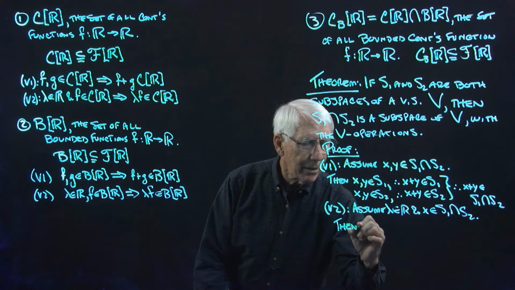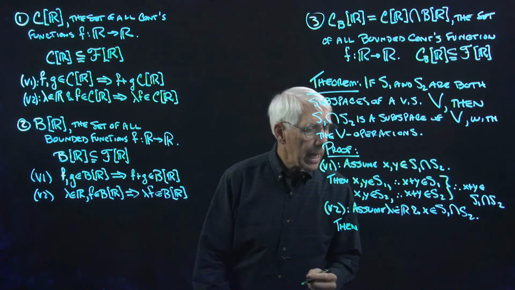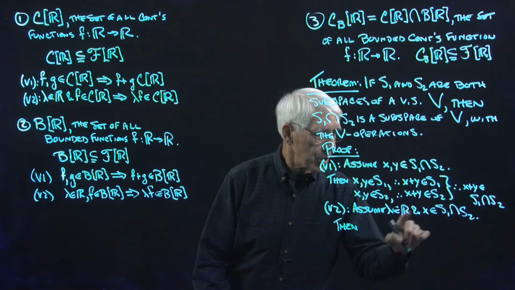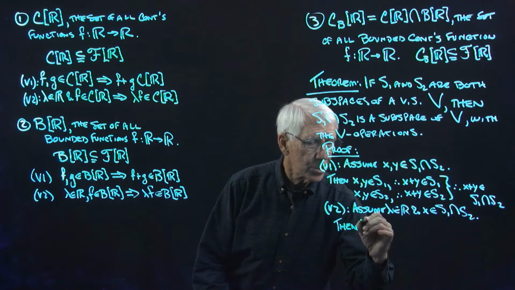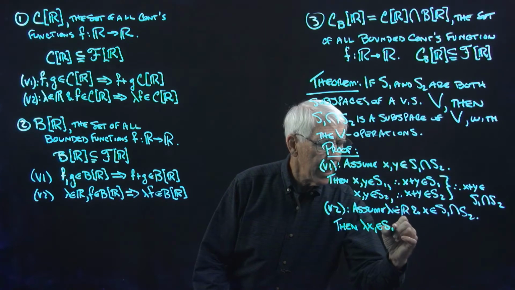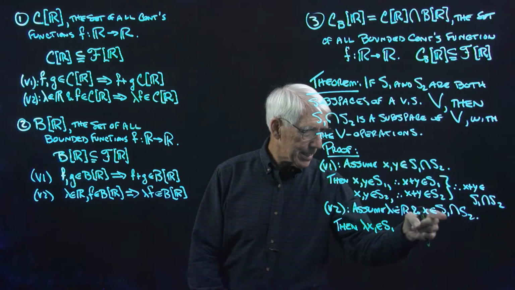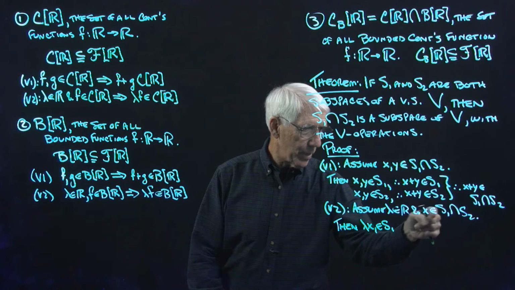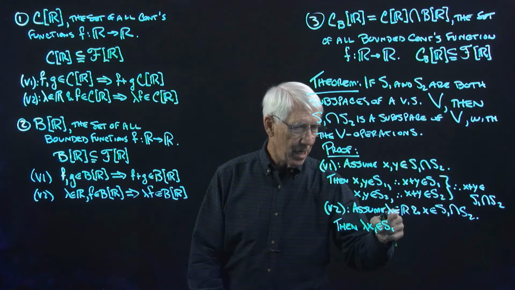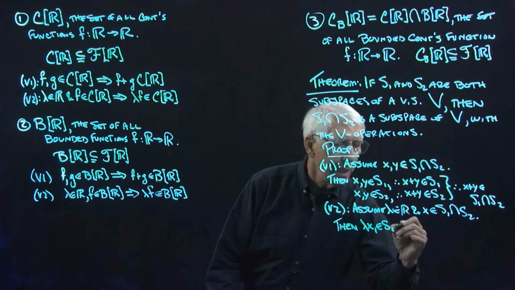Then we have, if lambda is in R and x is in S1 intersect S2, then lambda x is in S1, because x is in S1 intersect S2, so x is in S1. And therefore, since S1 is a subspace, lambda x is in S1.